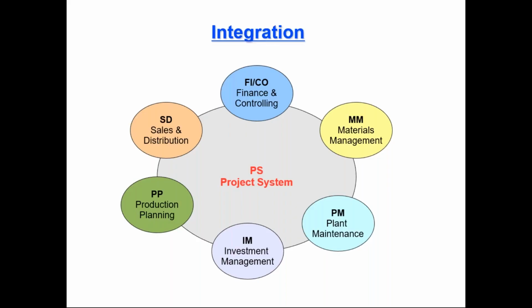In planning you can have resource planning, cost planning, time planning, and revenue planning. Once planning is done, you will go to execution, and procurement will be there. Once you go for procurement, the process will move to material management based on the purchase requisition and purchase order.